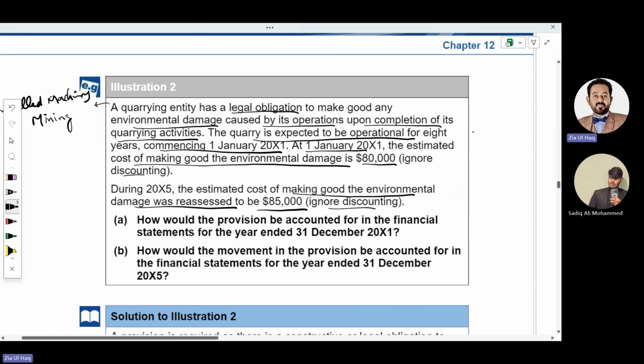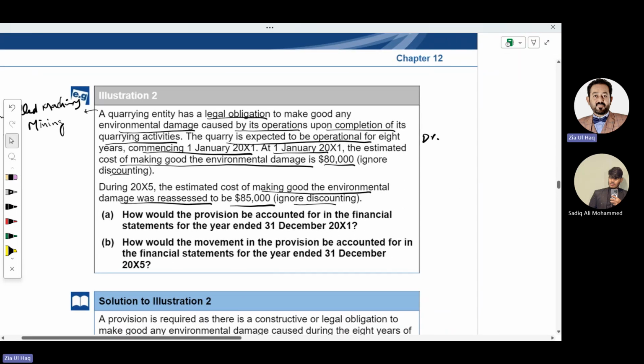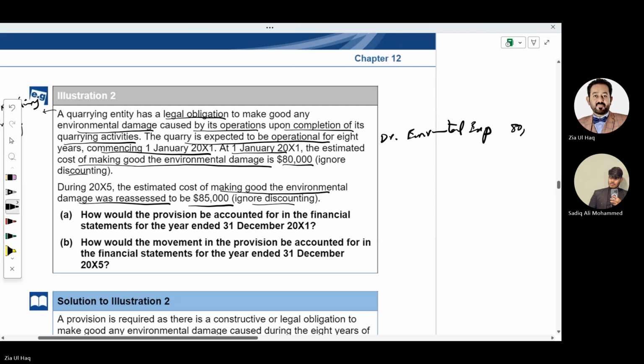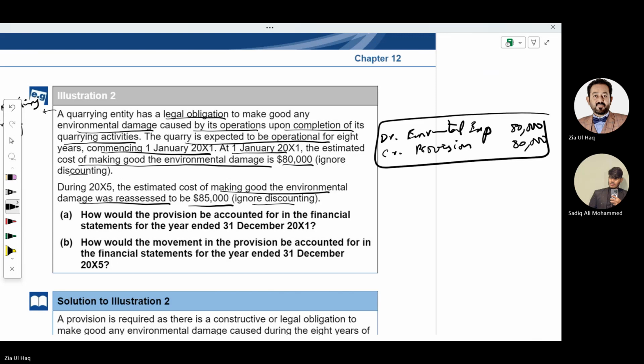So for 20x1, the accounting entry should be debit environmental expense with 80,000, and credit provision with 80,000. And how would the movement in the provision be accounted for in the financial statements for the year ended 31st December 20x5?